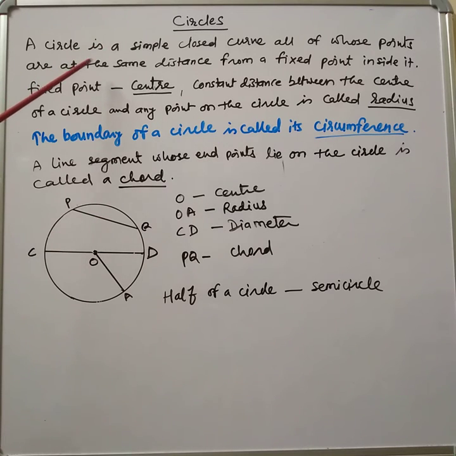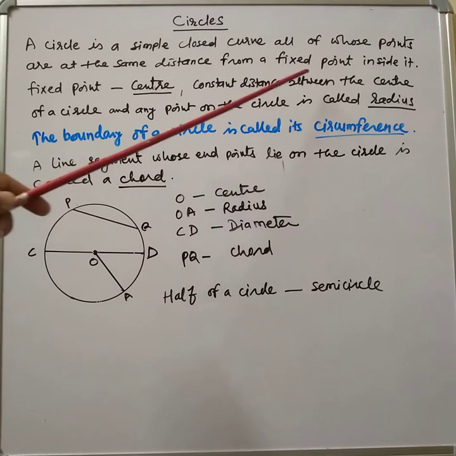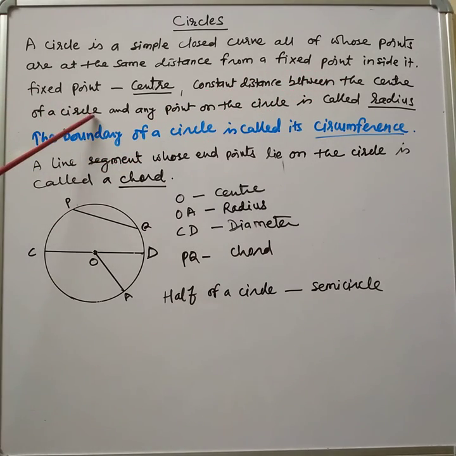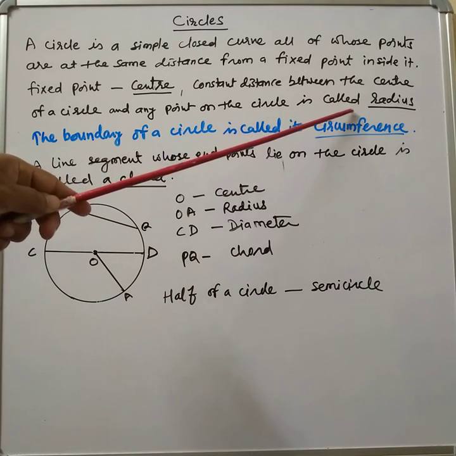Now the constant distance between the center of a circle and any point on the circle, point D or C or A, is called the radius.